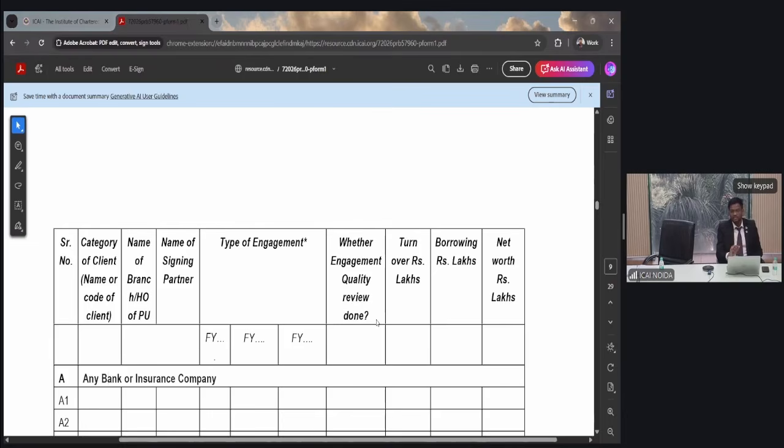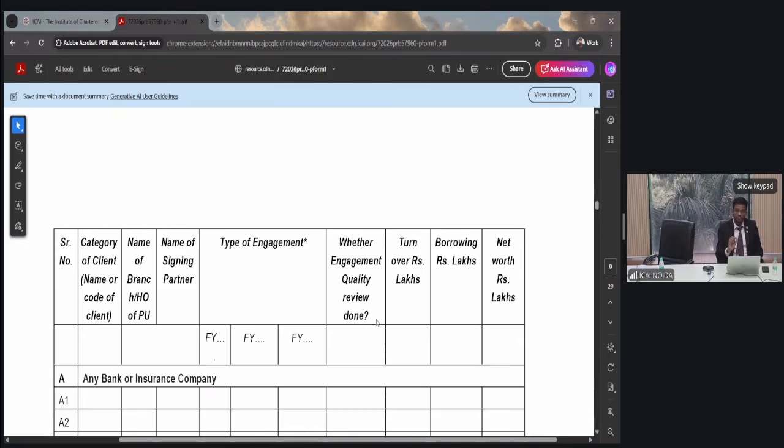EQCR is driven by SQC1. As on date, it is mandatory only in case of audits of listed entities. And for all other audits or attestation practice, it is at the choice of the CA firm whether to have it.